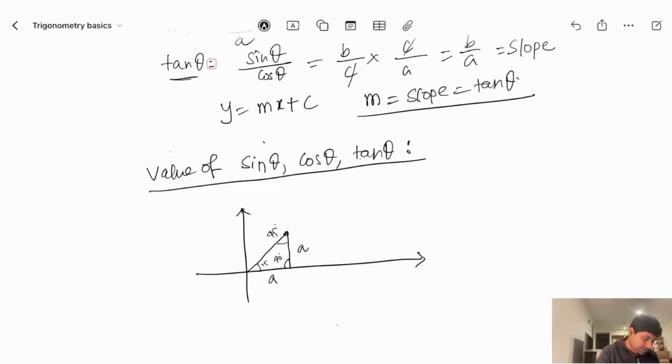So at that time c square, which is the hypotenuse squared, is a square plus a square, which is 2a square. So c is the square root of 2a, correct?